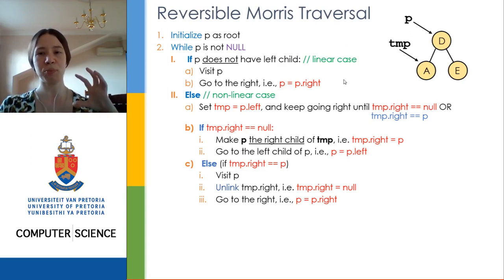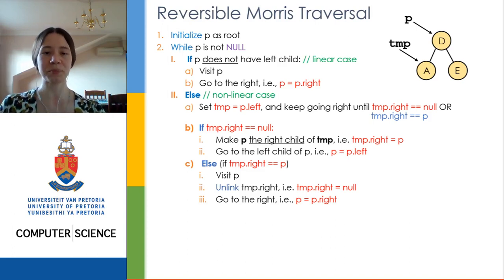We essentially take P and we make it the right child of the TMP. So we make P the right child of the rightmost node of the left subtree of P. Otherwise, however, if TMP right is equal to P, we do something else, and this else statement is what allows us to put the tree back together. But again, let's get to this else when it actually happens.